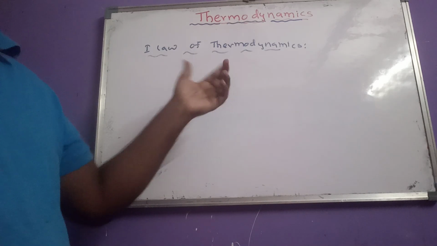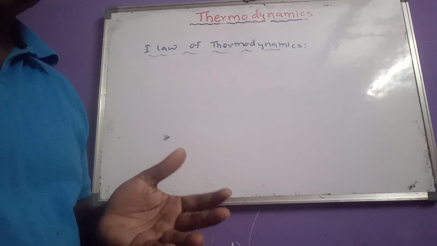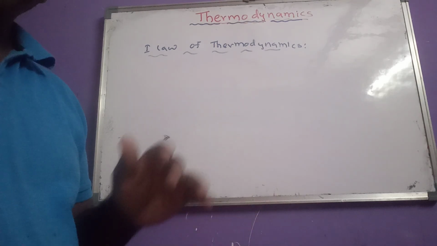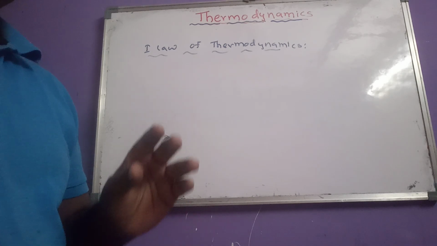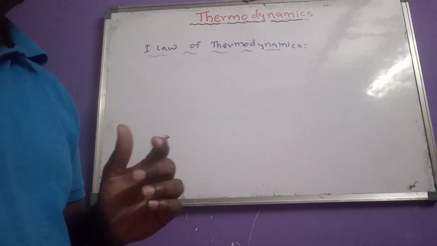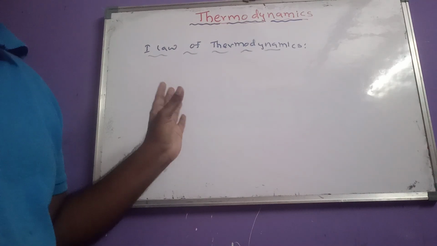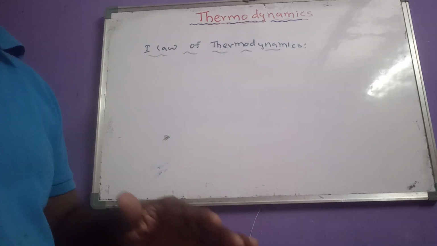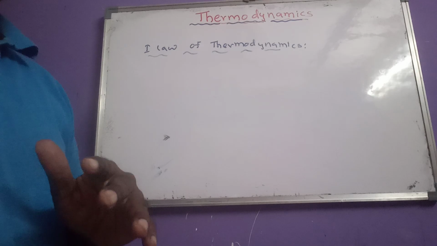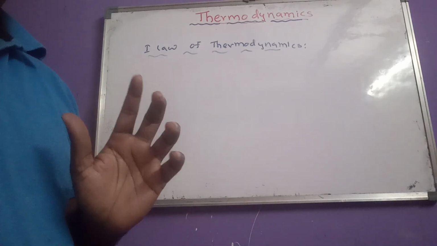According to the first law of thermodynamics, heat energy or any type of energy neither can be created nor can be destroyed, that only can be transformed from one form to another form. So we can say this is the law of conservation of energy.